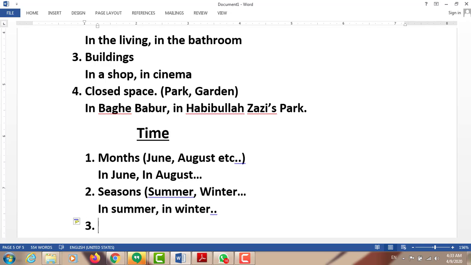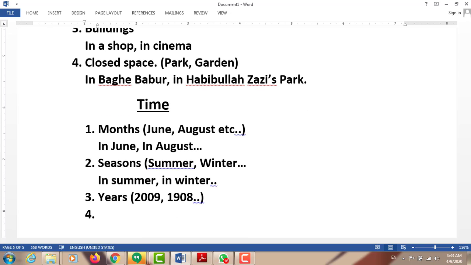And then you can use it for years, like 2009, 1908, and so on. For example, in 2009. It's a year, so I use the preposition in. And in 1908.